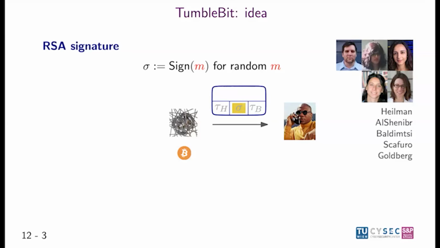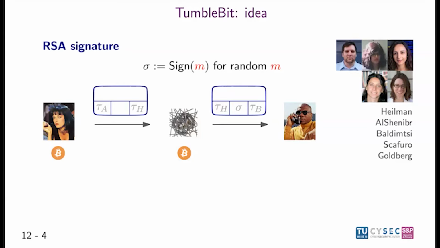What changes now? If Alice puts in the same signature, like basically buys a signature for Bitcoin, nothing is gained. But now we can use the blinding of RSA, because she buys a blinded signature, right?